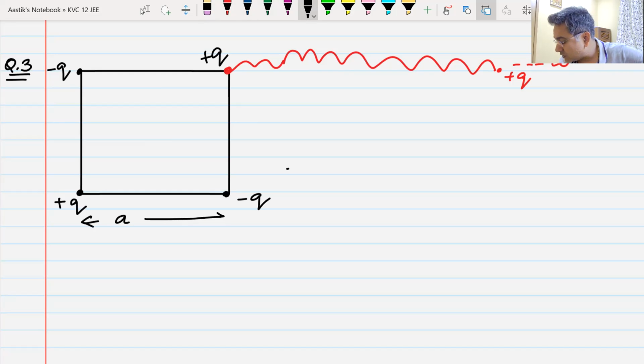Now I ask you this question: what is the work done by the electrostatic force in bringing this charge from infinity and placing it here? Work done by electrostatic force in bringing this charge from infinity and placing it here.